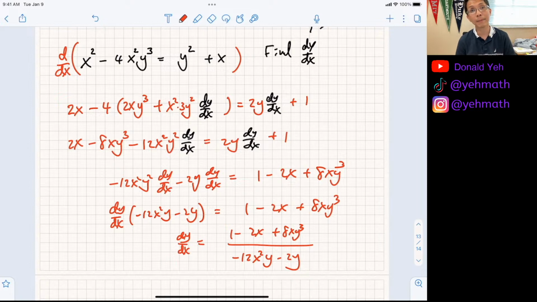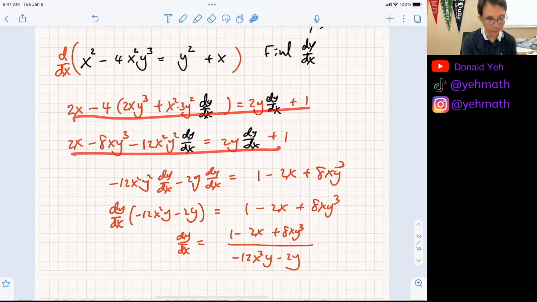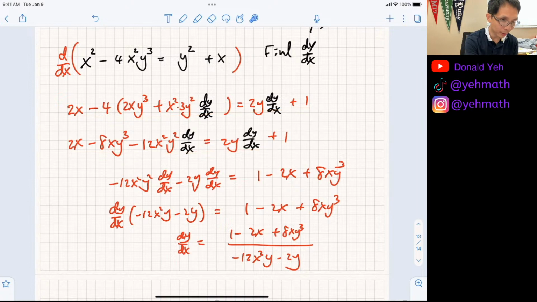So I understand the dy dx, like what you're doing. I think it's just my algebra again. What are you doing in the first step that I missed? Like when you got 2x minus 4 outside the parentheses, what did you do? Okay, so I take a derivative: x squared is equal to 2x.